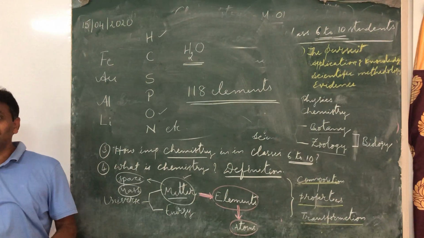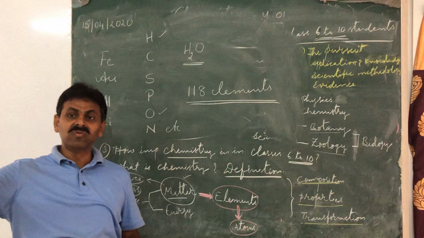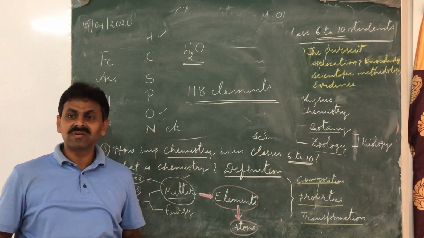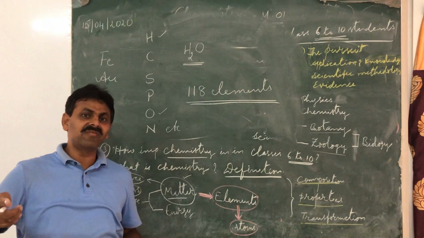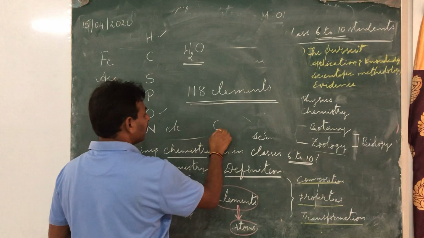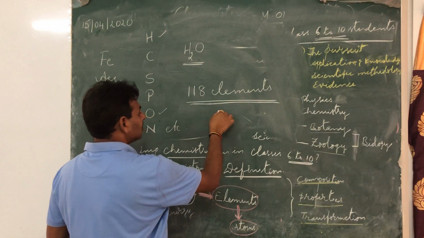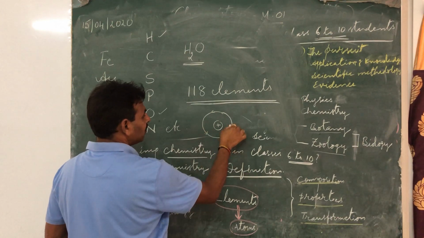You can't go and see how the planets are moving around the sun or the moon. We imagine. When I say that they are revolving around the nucleus in circular orbit, then you imagine in this way. So if this is the nucleus, it is the circular orbit. Orbit means path.